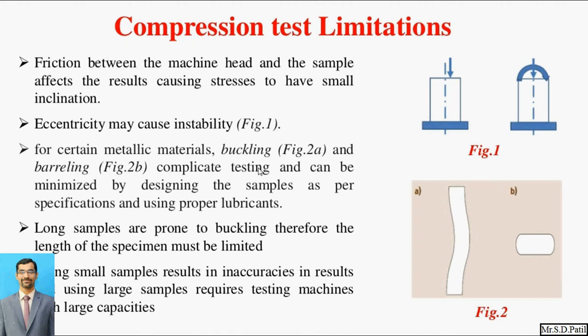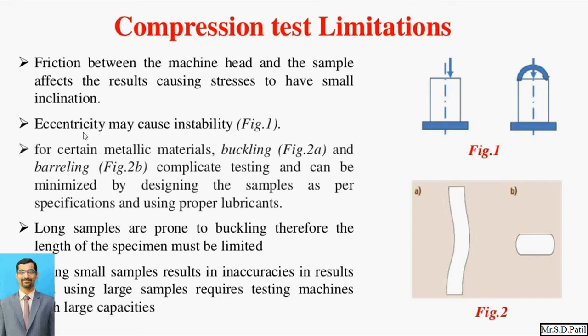The top and bottom faces of the specimen must be perfectly parallel to each other, and there is always a tendency for bending of the specimen during the testing. So during the testing there are chances that the particular component may get bent.